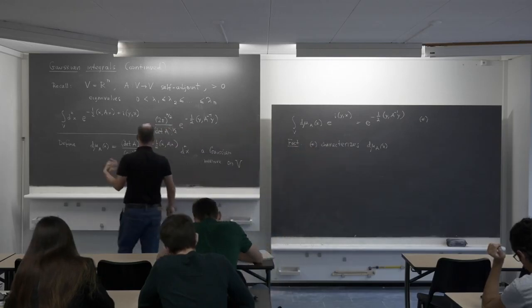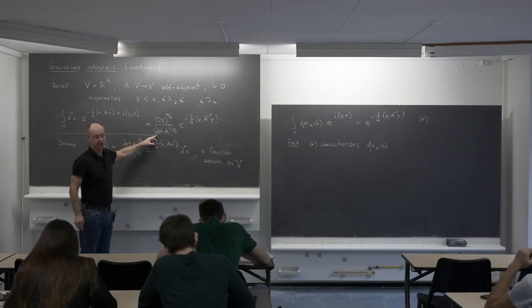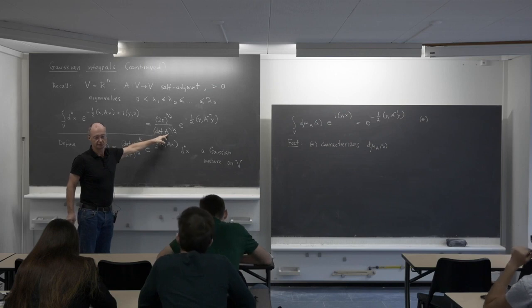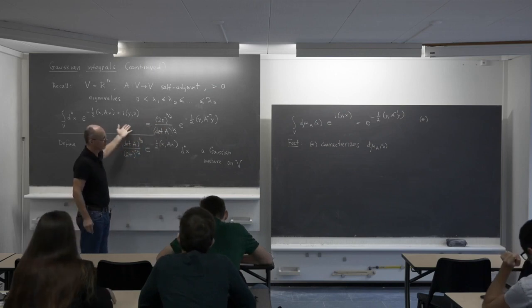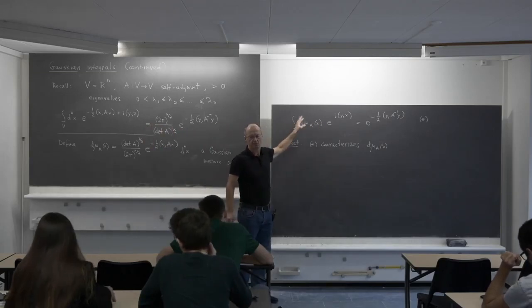Because, before, when dealing with those Gaussian integrals in infinite dimensions, we spent quite a lot of effort on making sense of the determinant, for instance. Now in this formula, you no longer have any determinants.